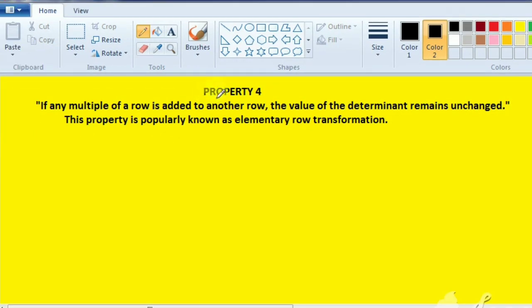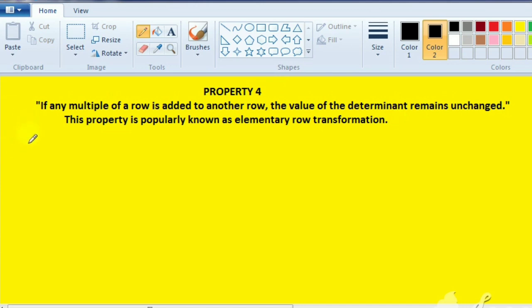Now we come to property 4, which states that if any multiple of a row is added to another row, the value of the determinant remains unchanged. This property is popularly known as elementary row transformation.